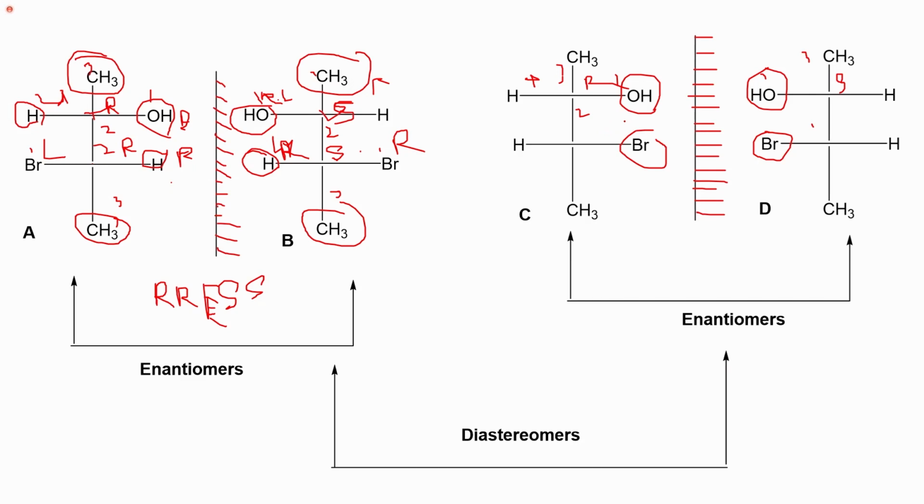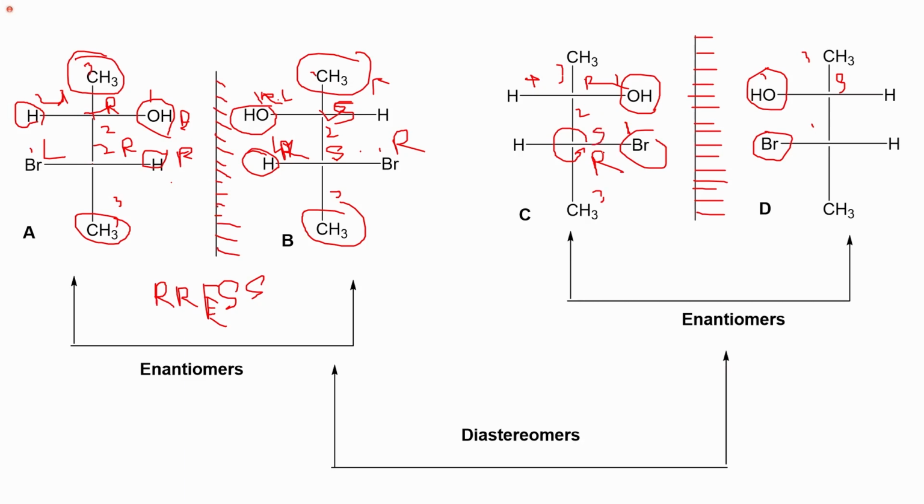Now bromine is here. So let's say 1, 2, 3, 4. This is clockwise, this is R. Okay, sorry, anticlockwise. So 1, 2, 3, anticlockwise.